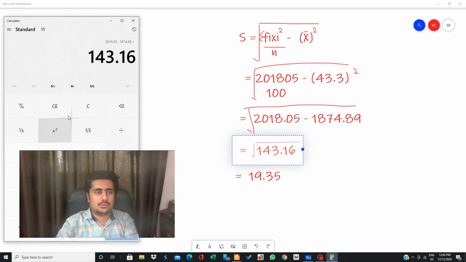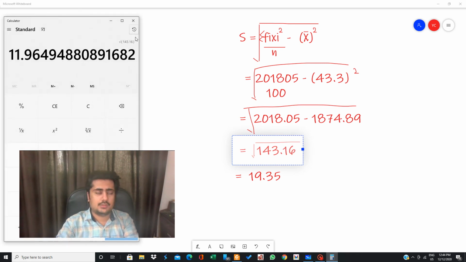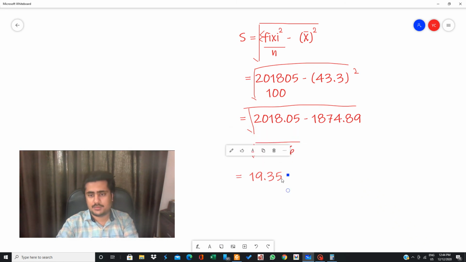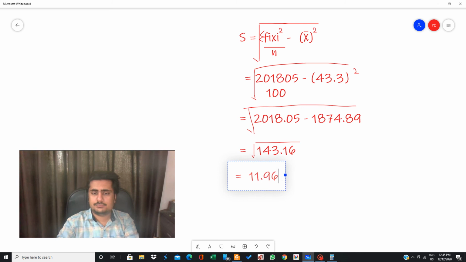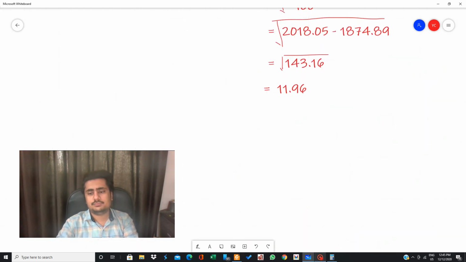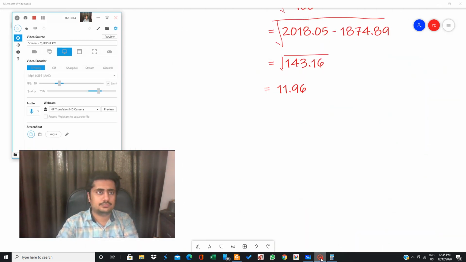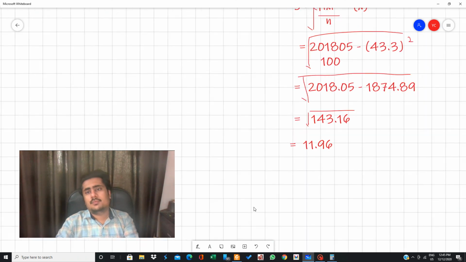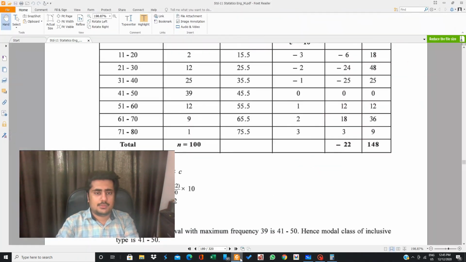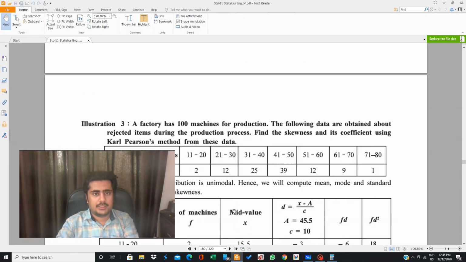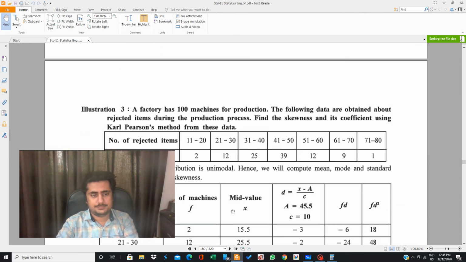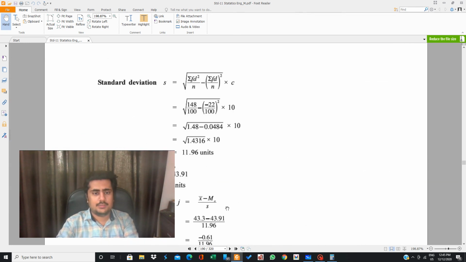And now the square root of that, 143.16, is 11.96. You can see here my standard deviation matches the textbook. It's 11.96. Everything is in units, you can see.